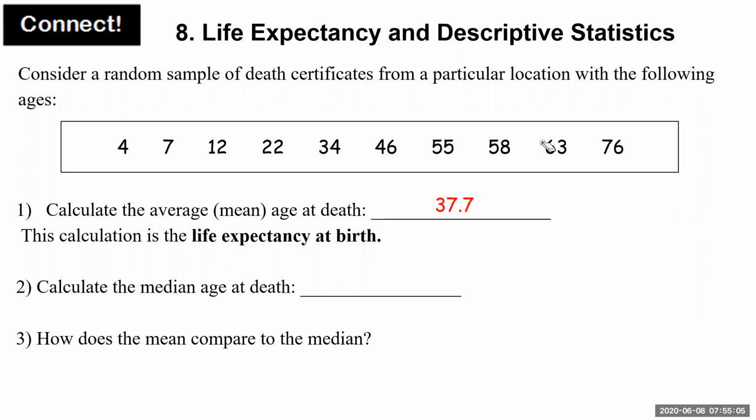Now, you realize that these two elements divide the data set into 2 equal halves. So we have 1, 2, 3, 4 on our right, and we have 1, 2, 3, 4 on our left. So 2 numbers sit at the center. So to find the median, what are we going to do? We're going to add these middle 2 numbers and divide by 2 to get our median.